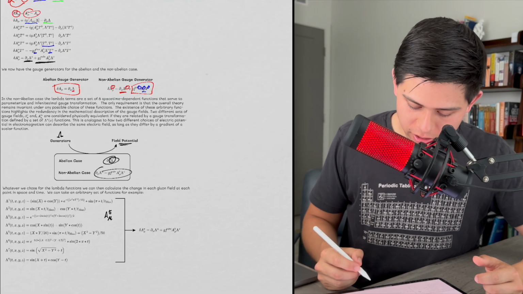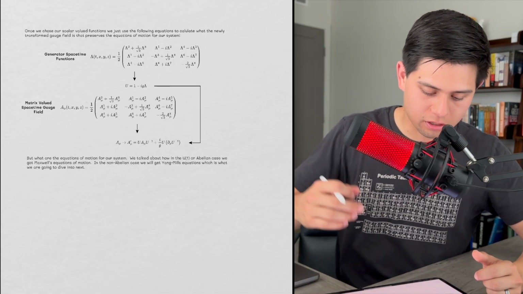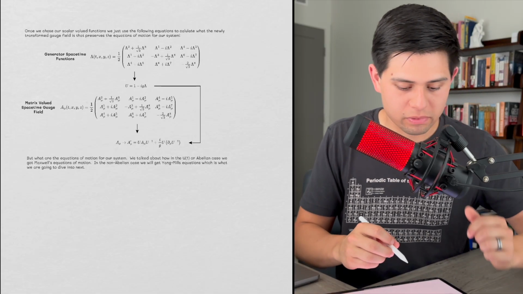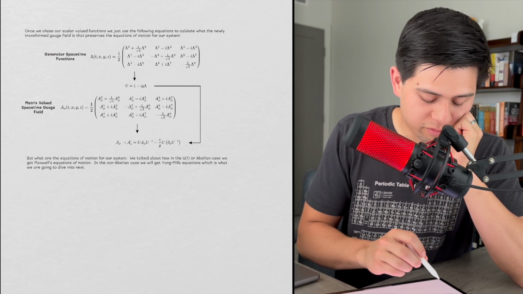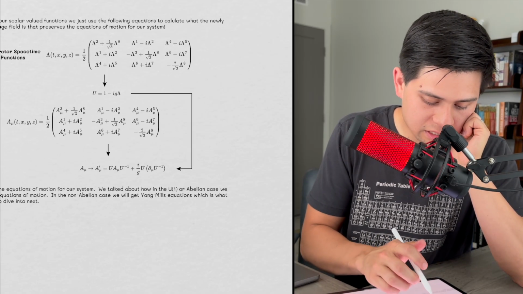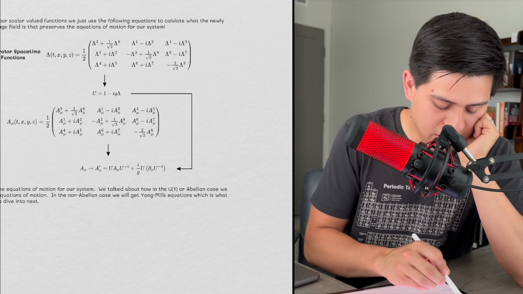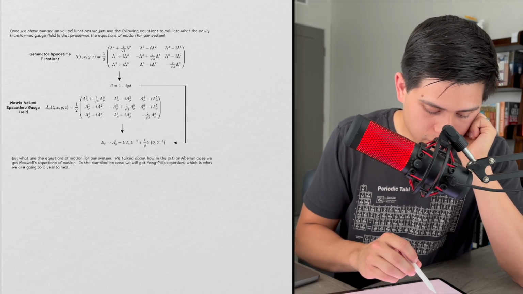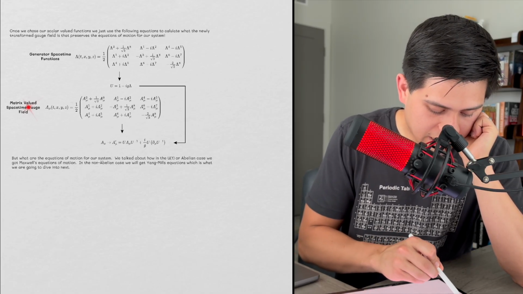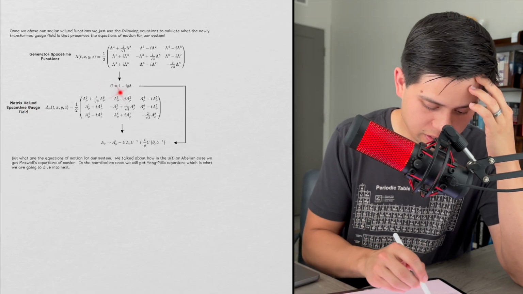So let's cap off this discussion by having our workflow laid out for us here. We have our generator space-time functions, that's these guys right here. We have 8 of them, and they all get placed into this matrix. And then we have the 8 matrix valued space-time gauge fields, and that's this guy right here.